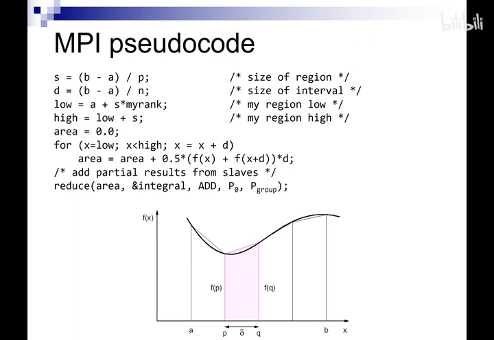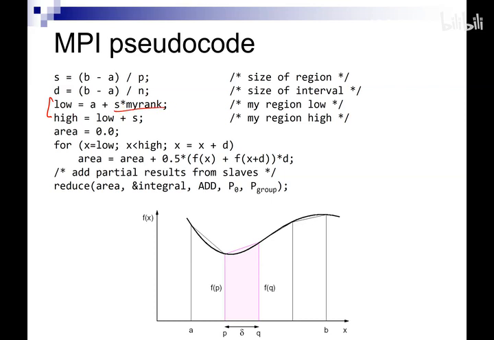This is the MPI pseudocode. We first find out S and D, the size of a region and the size of an interval. Then each process is going to figure out which parts of this overall interval it's responsible for, based on its rank.